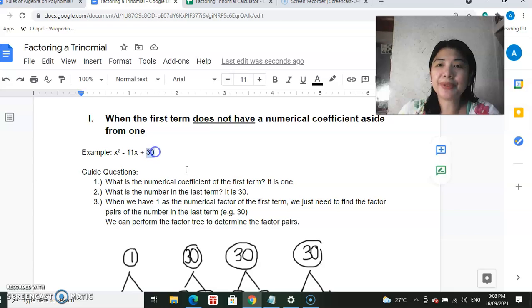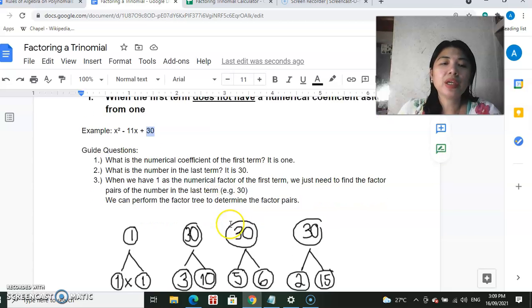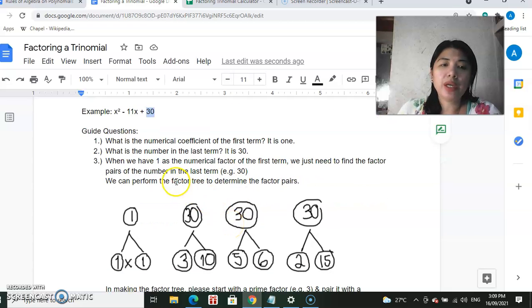Guide question number 2: what is the number in the last term? In this example, it is 30. When we have 1 as the numerical factor of the first term, we just need to find the factor pairs of the number in the last term, 30. We start with the prime numbers 1, 2, 3, 5.